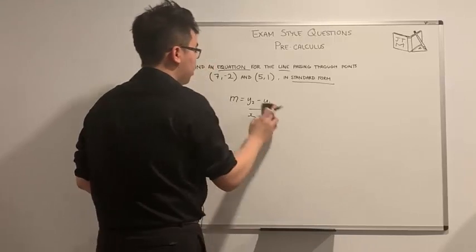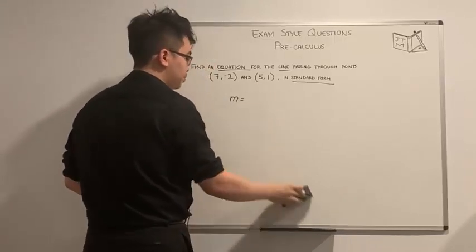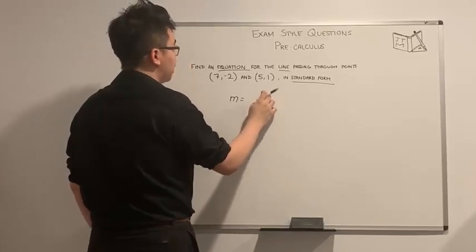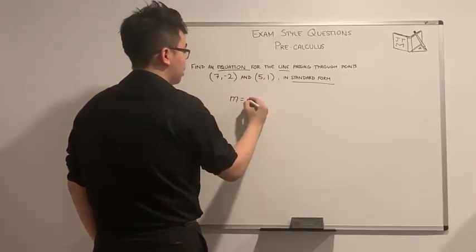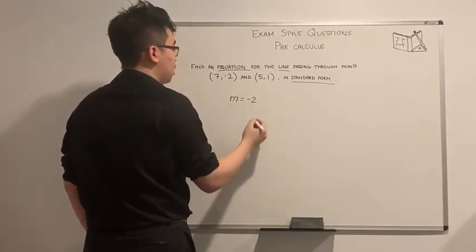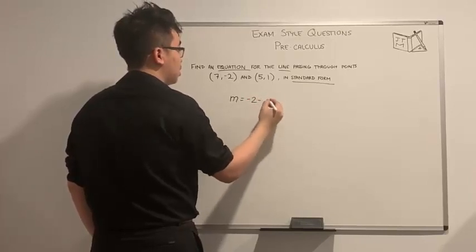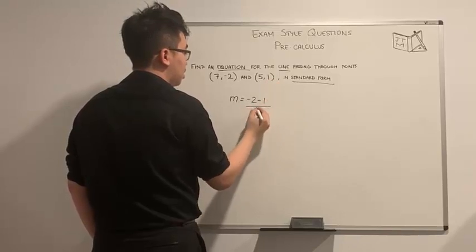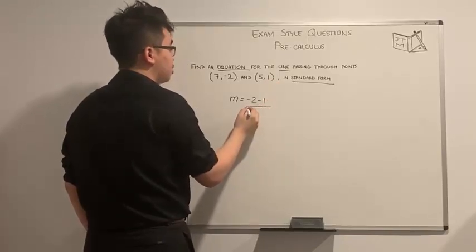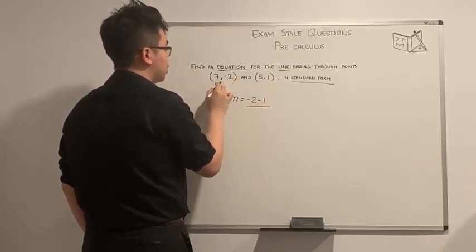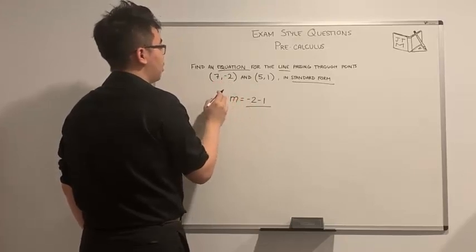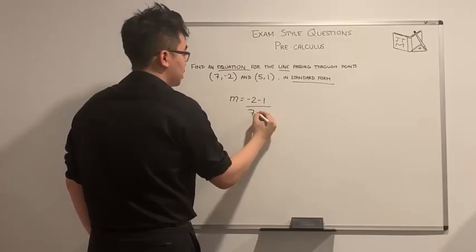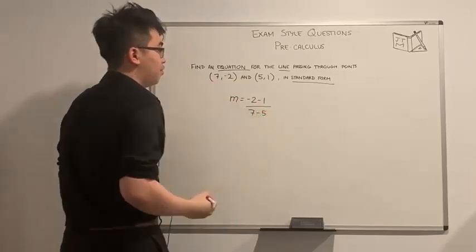So let's go ahead and find the gradient of our line. I'm going to choose my y2 to be the -2 here, minus y1, which is this 1, and my x2 would be the one which corresponds to the y2 which I have picked, which is in this case 7, minus 5.